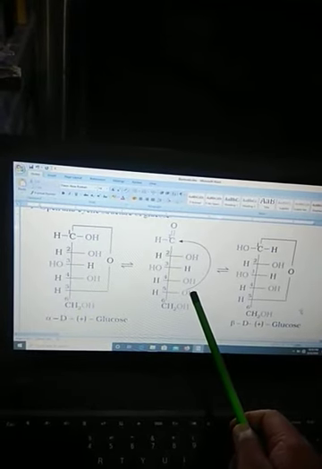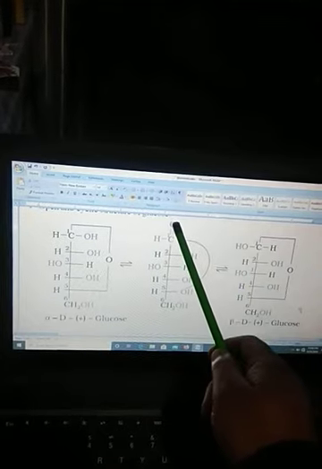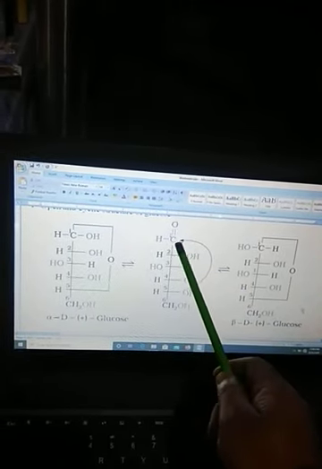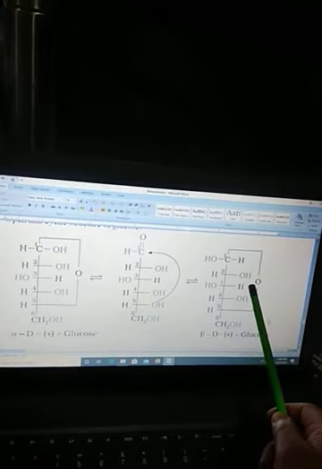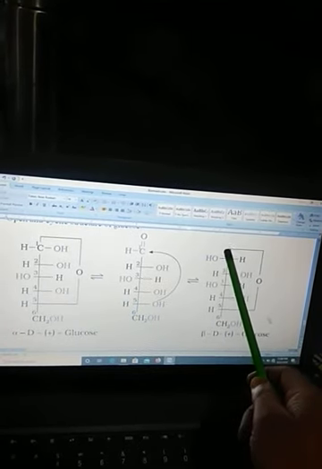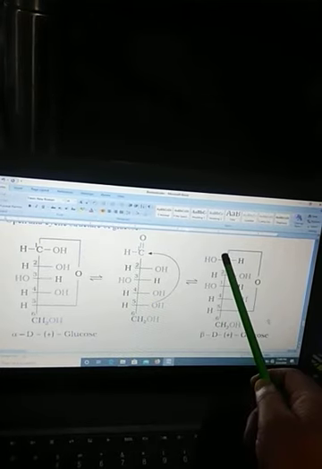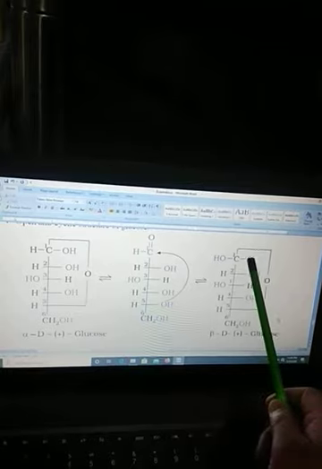In order to neutralize the charge, this H will be removed as H plus and go there, and it will form OH, whereas this O minus will be linked with this carbon atom, which is shown in this way. Others are the same, only there is a formation of a bond between carbon number 5 and carbon number 1.